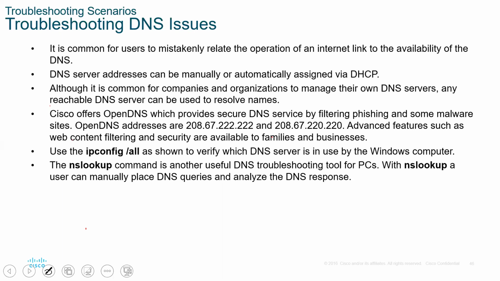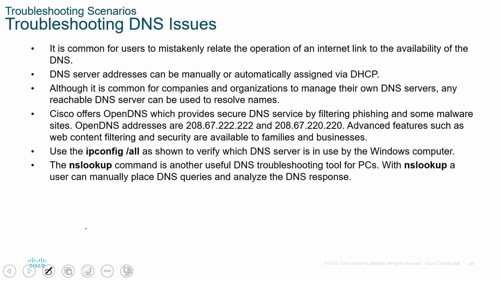How about DNS? It is common for users to mistakenly relate the operations of an internet link to the availability of DNS. DNS server addresses can be manually or automatically assigned via DHCP. Although it is common for companies and organizations to manage their own DNS servers, any reachable DNS server can be used to resolve names. Cisco offers OpenDNS, which provides secure DNS services by filtering phishing and some malware sites.